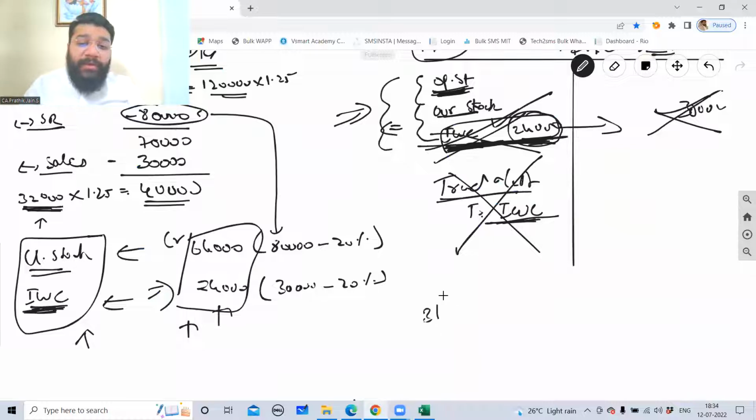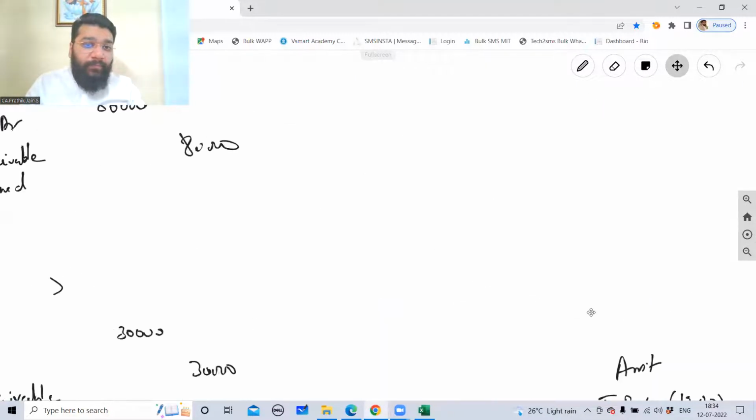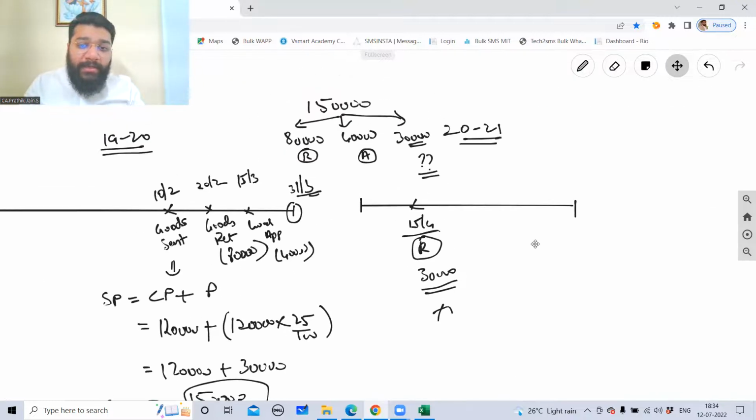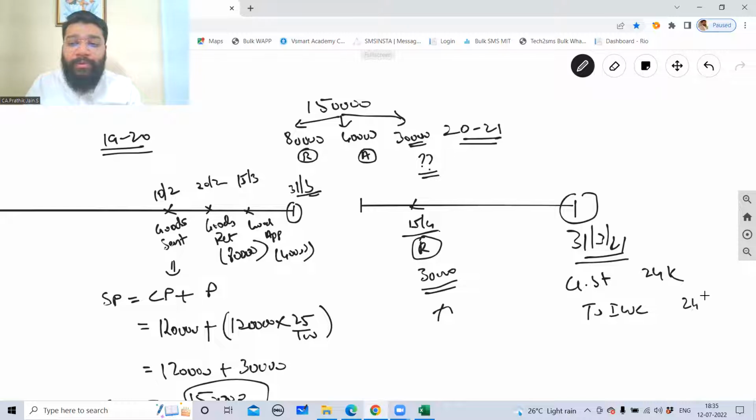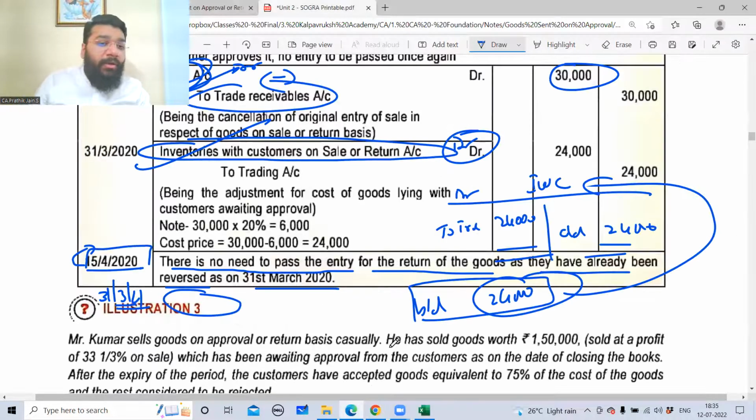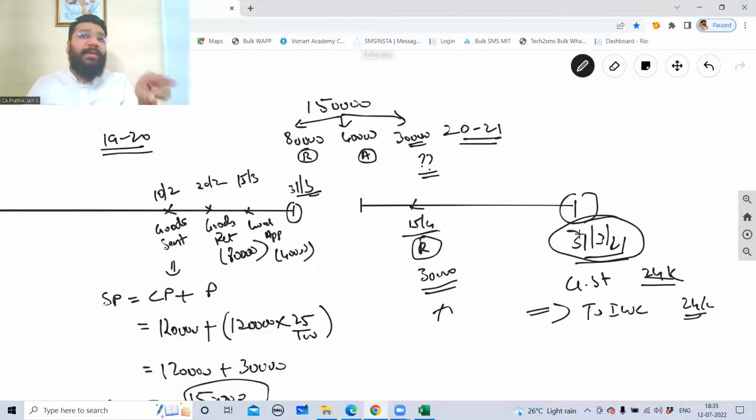At the year end, 31st of March 2021, that is the next financial year end, you are supposed to reverse inventory with customer and record closing stock, 24,000. This entry should come, but here they're telling that on 15/4 there is no entry to pass. Even I agree, but on 31st of March, at the end of the financial year, I have to pass an adjustment entry for the closing stock now.